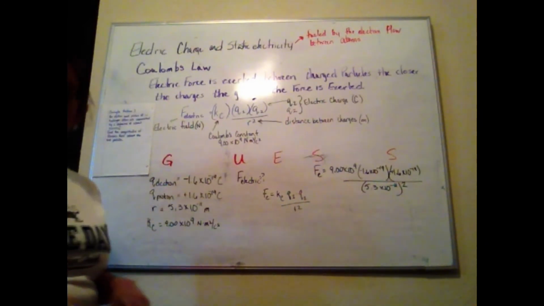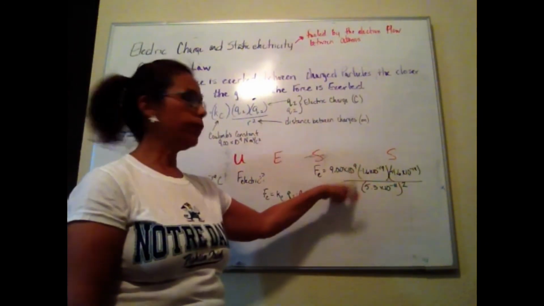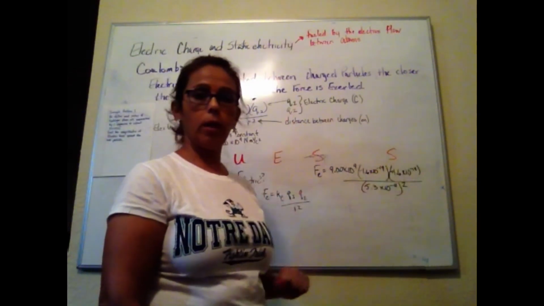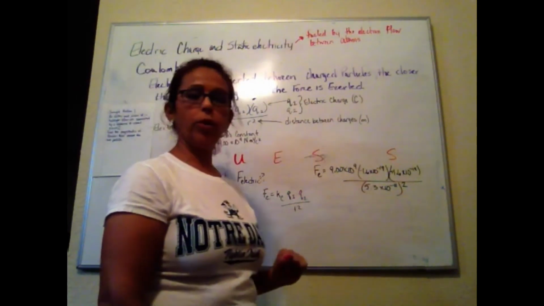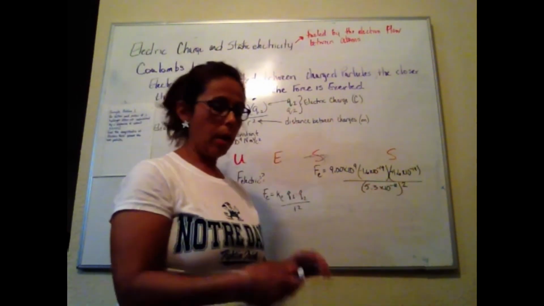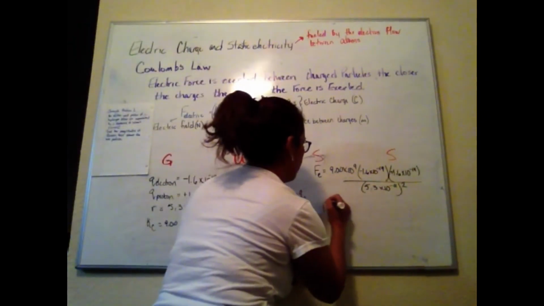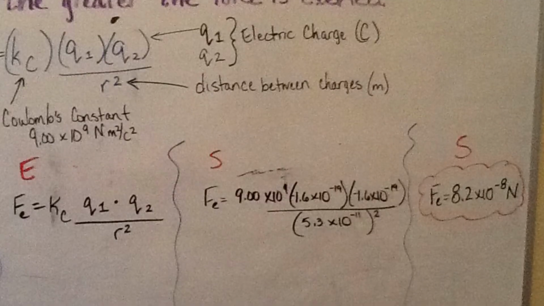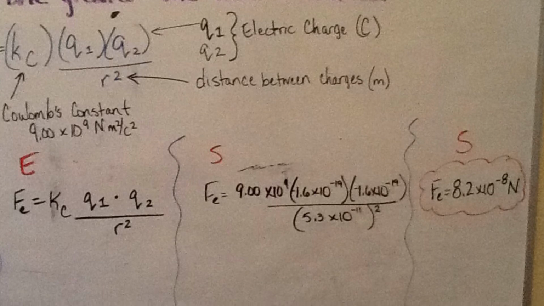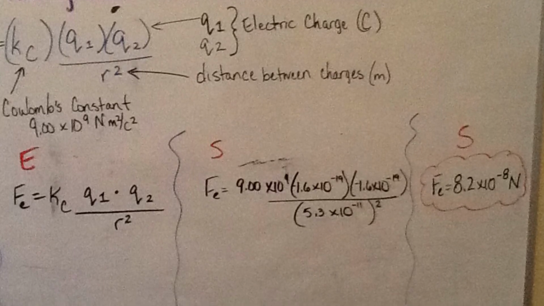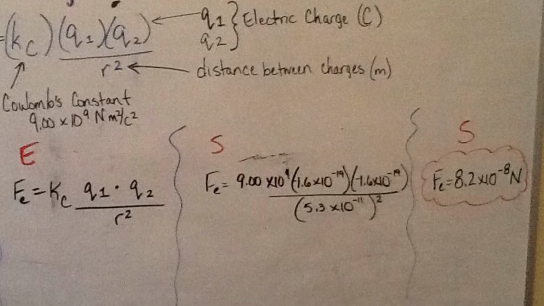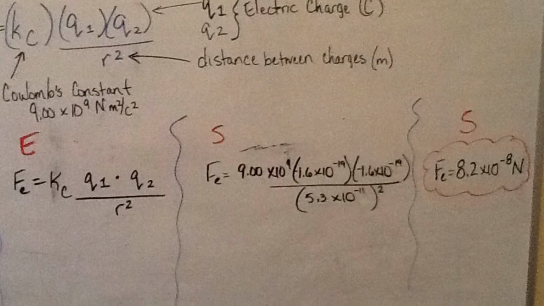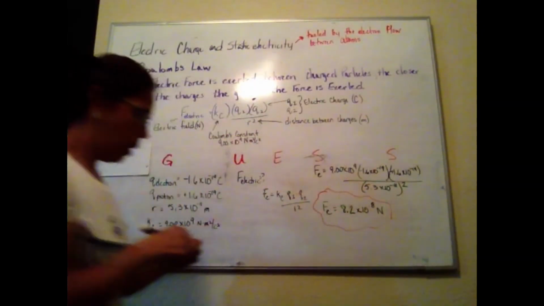So if I do the math correctly and multiply 9 times 10 to the 9 times negative 1.6 times 10 to the negative 19 times 1.6 times 10 to the negative 19, divided by 5.3 times 10 to the negative 11 squared, my electric force between a proton and an electron comes out to be 8.2 times 10 to the negative 8. And again, because we're talking about force, our unit would be newtons. And that is our final answer to our problem.